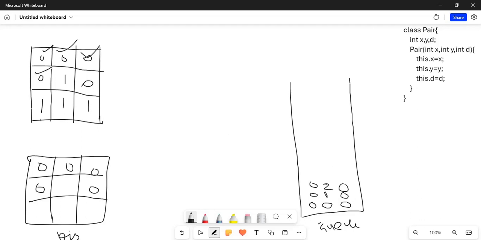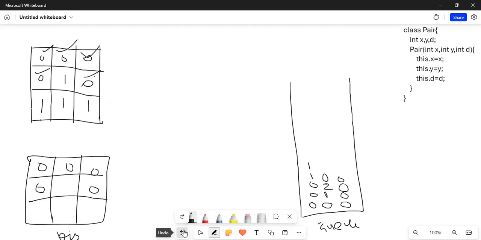Now put row 1, column 0 at 0 distance. Here this is 1, so we can't put it in the queue. Here is 0, at row 1, column 2, at 0 distance from the nearest 0. And in this row there is no more 0.